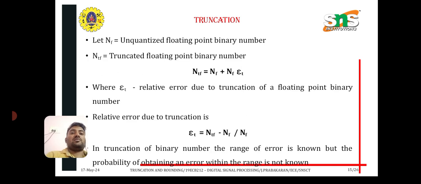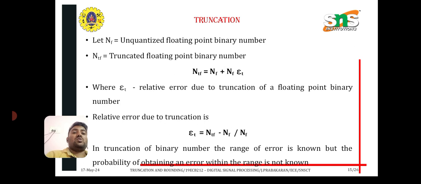The truncated floating point number is the unquantized floating point binary number N_f plus N_f times epsilon_t, which is the relative error due to truncation of a floating point binary number.